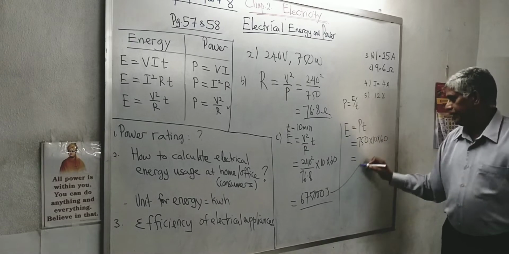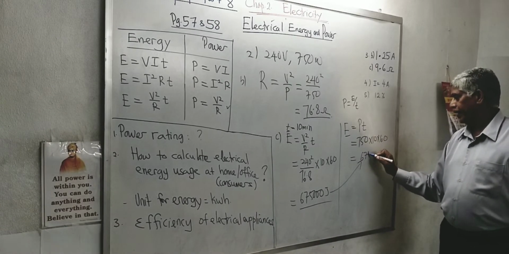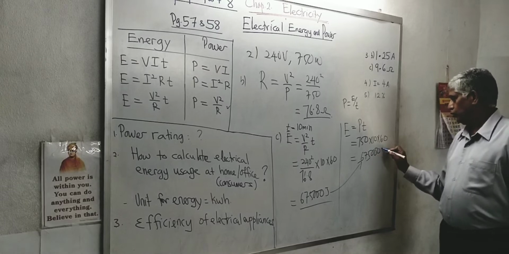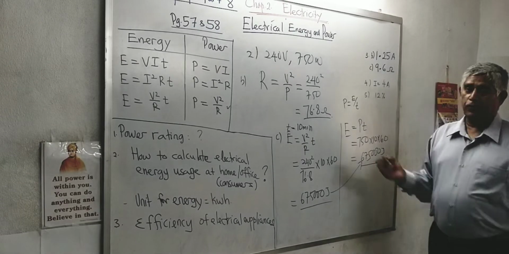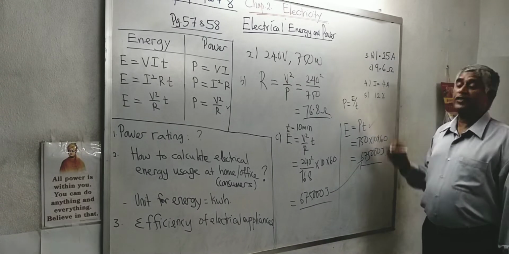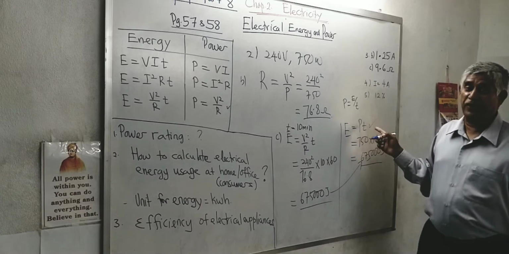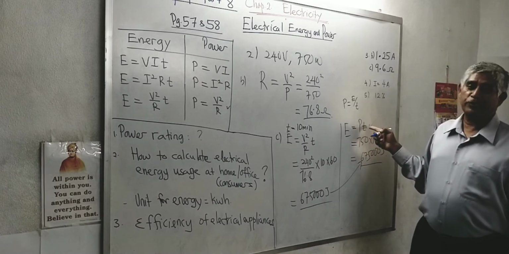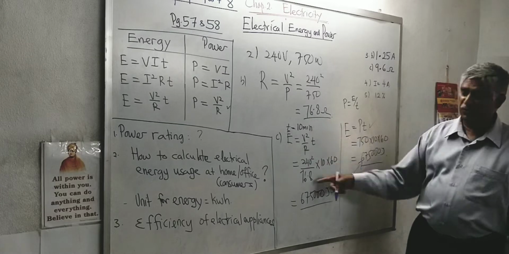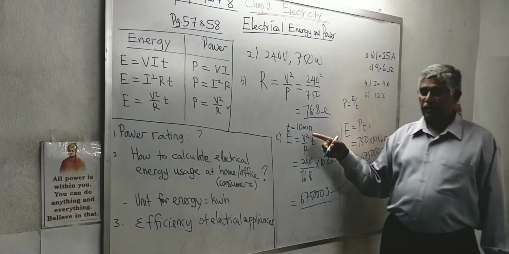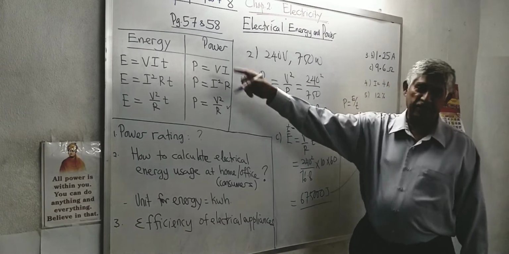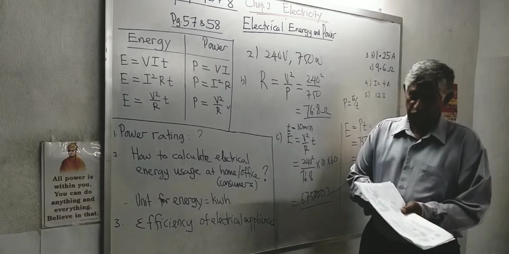So you will get the same answer, 675,000 joules. In fact, this solution is preferred because it's quite easy. Power times time gives energy. Otherwise, you have to use the voltage-resistance or current-resistance equations to solve the problem.